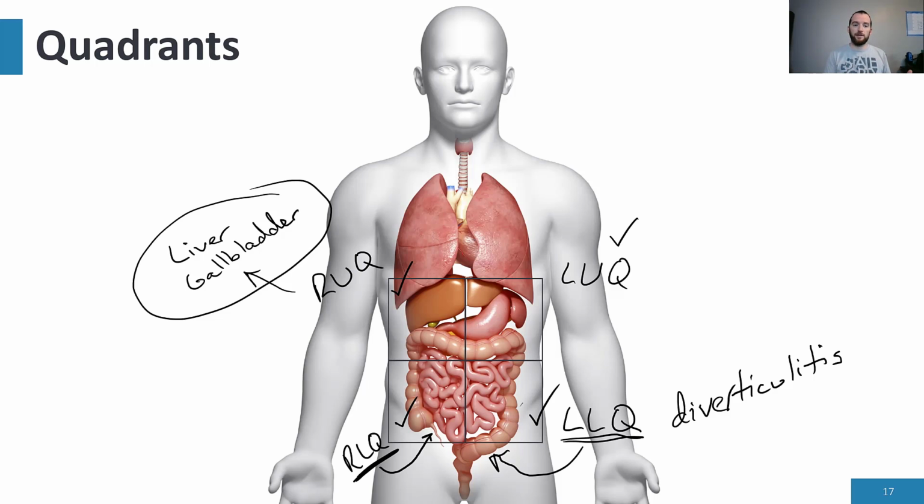So some of the things we can recognize based on those classic presentations, and other things are really difficult for us to identify with that limited time frame and limited tools in which we can assess an abdominal pain complaint patient, right? But for starters, have a real clear idea of which organs fall in which quadrant, and that will go a long way to helping you identify the differential diagnosis for them.